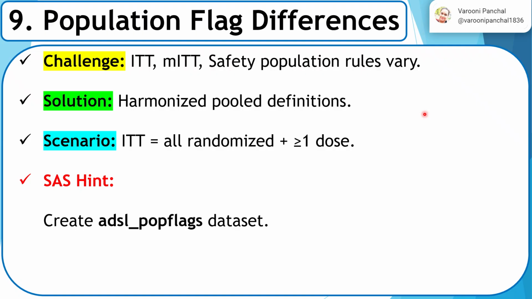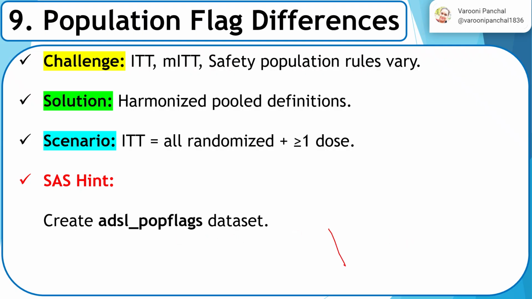When you are writing those population definitions, considering all the individual definitions present in the 12 individual studies, you can come up with a better one, and you can use ITT as all randomized plus greater than or equal to 1 dose, which means all those patients who were randomized and who took at least 1 dose of treatment, right? All those subjects and patients will be considered under the ITT population flag. So in those scenarios, you can create the ADSL underscore pop flags data set.